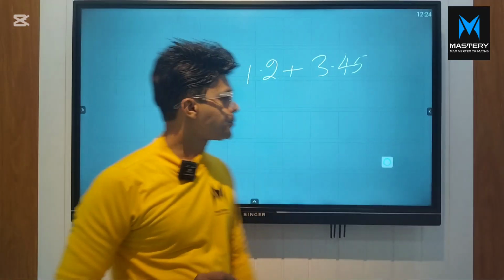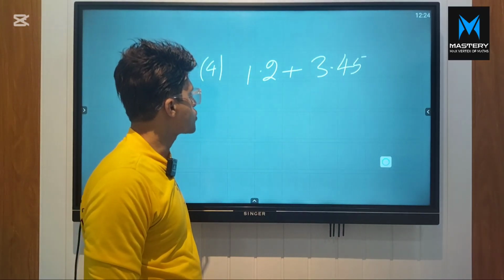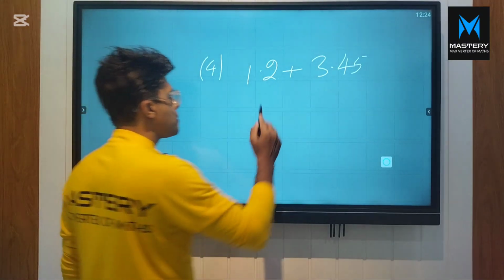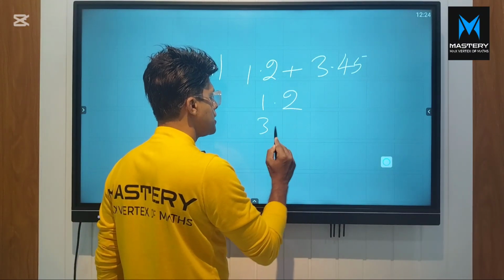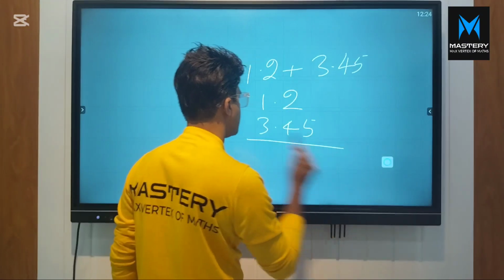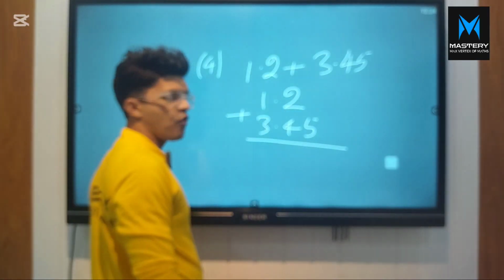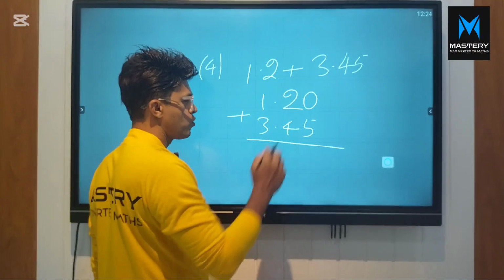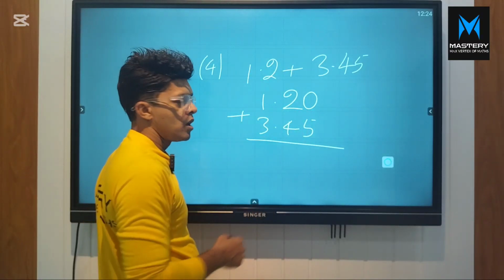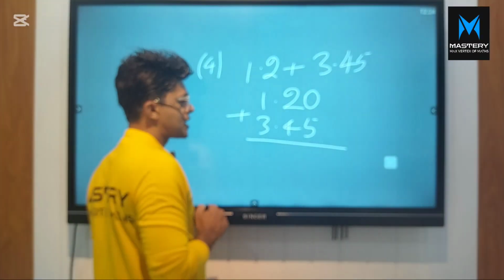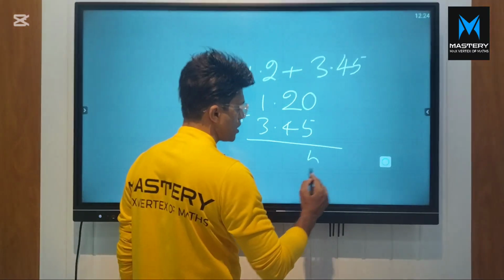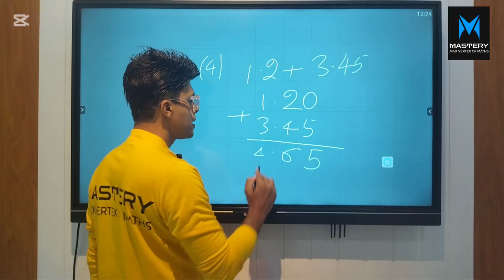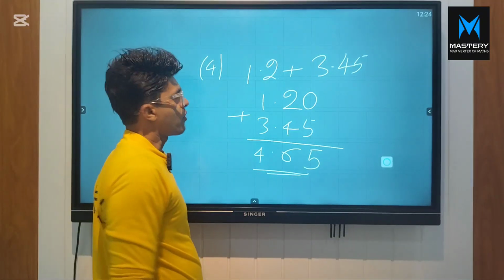But anyway, the answer to this one can be obtained by adding these two decimal values, 1.2 plus 3.45. If you want, you could write a 0 here. That's okay. Now we could add these decimal values. 0 plus 5 is 5. 2 plus 4 is 6. Here 1 plus 3 is 4.